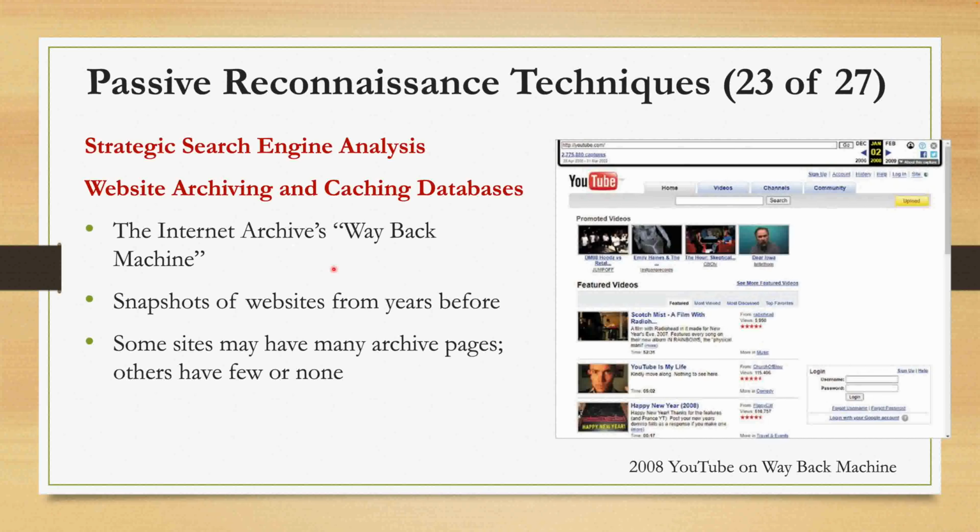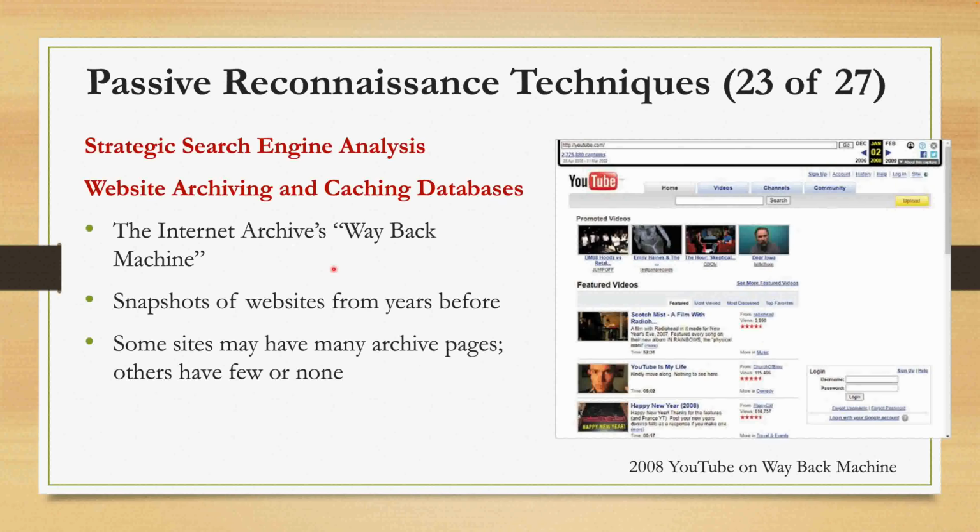It can help you with version comparisons. When you look at the old website and the current one, across multiple snapshots, you could identify when certain pages, services, or systems were introduced or removed. So any changes will help you determine the difference.